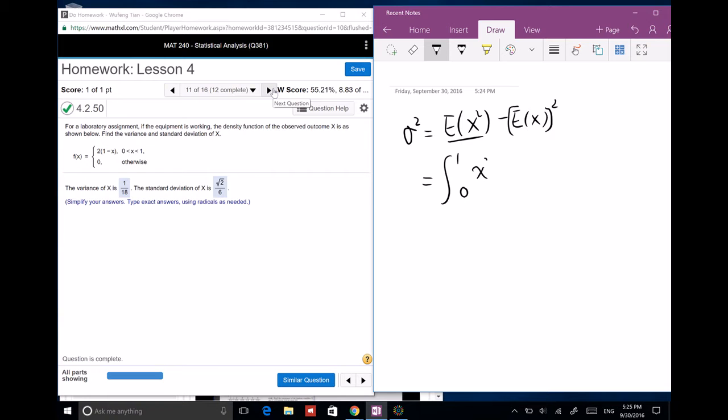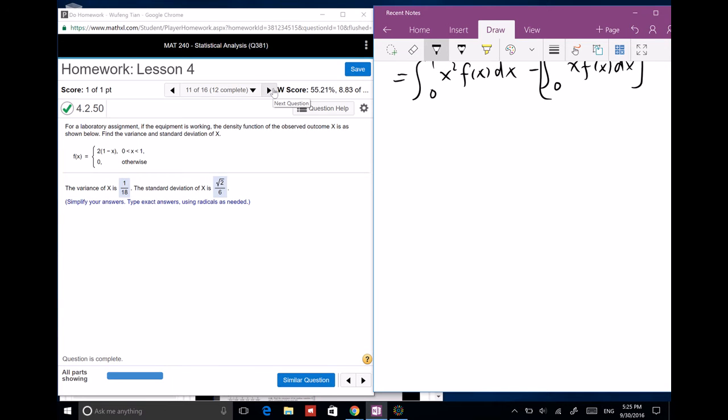The expectation of x squared is the integral from 0 to 1 of x squared f of x dx, minus the integral from 0 to 1 of x f of x dx, then squared. Plugging in, it's the integral from 0 to 1 of x squared times 2 times (1 minus x) dx, minus the integral from 0 to 1 of x times 2 times (1 minus x) dx.